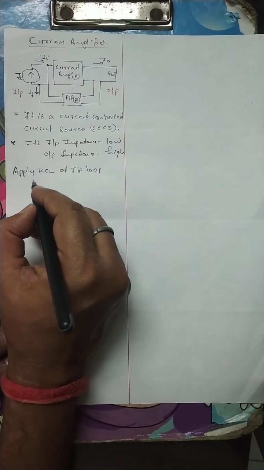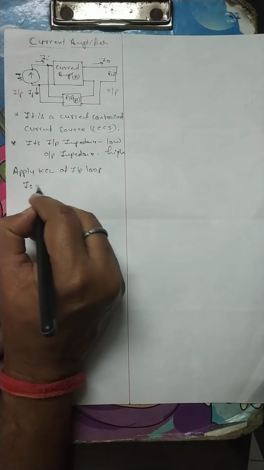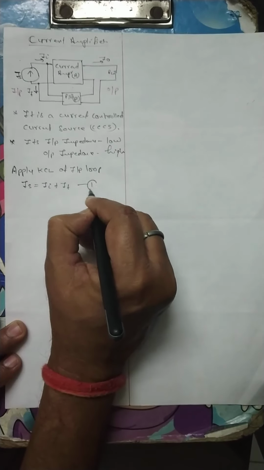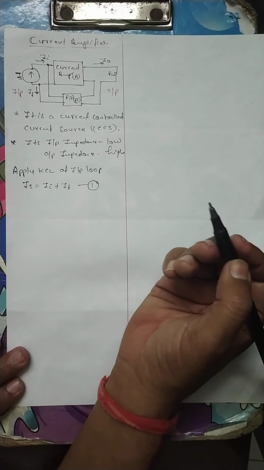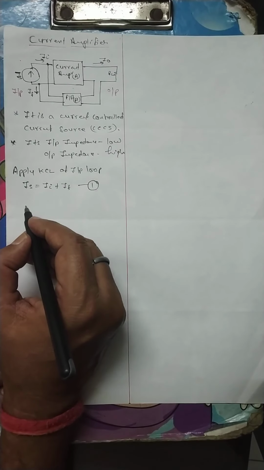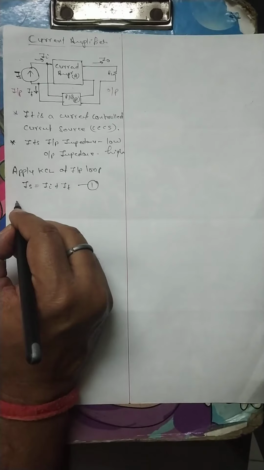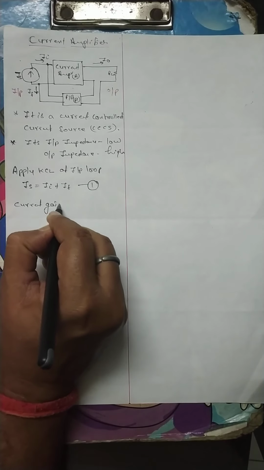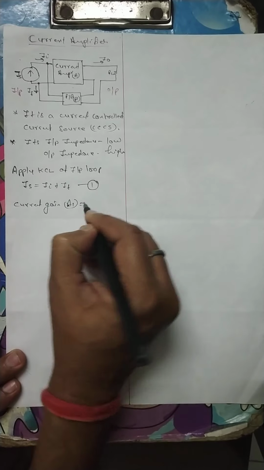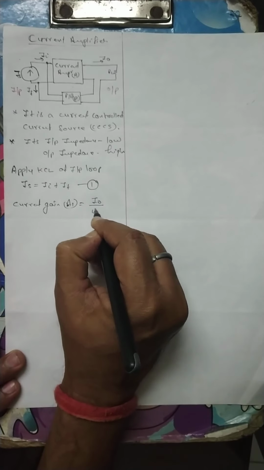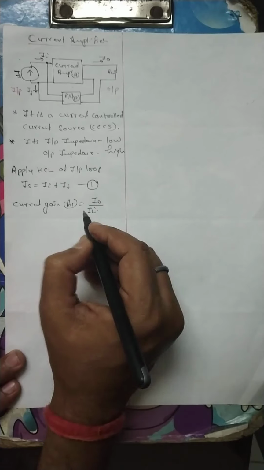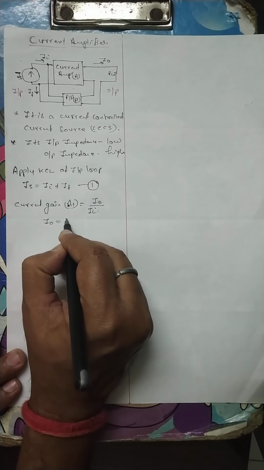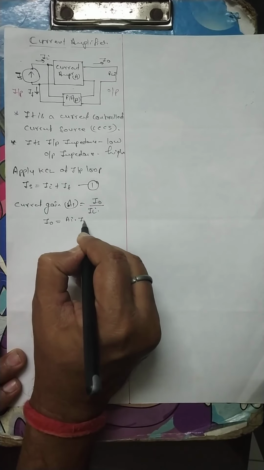So what we obtained is IS equals II plus IF, and we name it equation number 1. Now we can calculate the current gain. The current gain AI is equal to I0 upon II, and from here I0 is equal to AI into II.